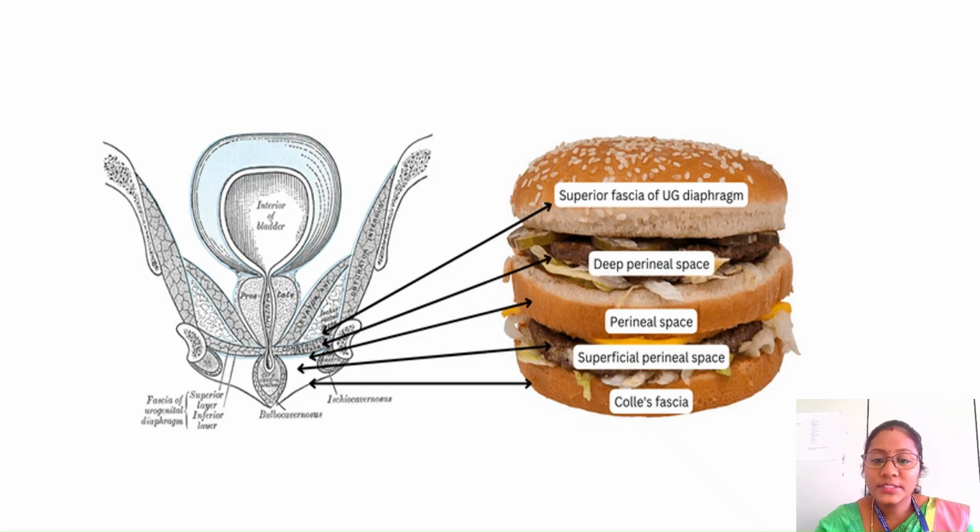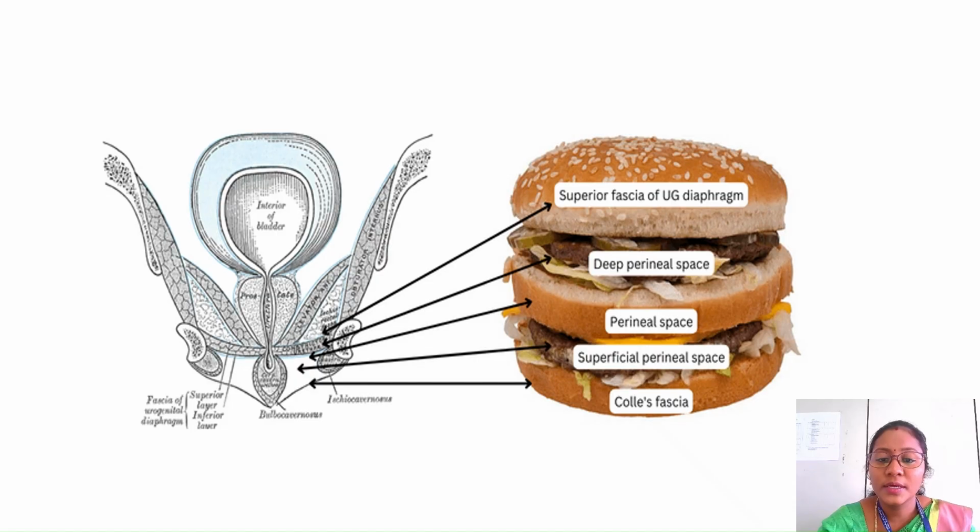The second thing is the perineal space. In between the perineal space and the Colles fascia, this region is known as the superficial perineal space. Then there is the superficial fascia of the urogenital diaphragm. In between the superficial fascia of the urogenital diaphragm and the perineal space there is the deep perineal space.